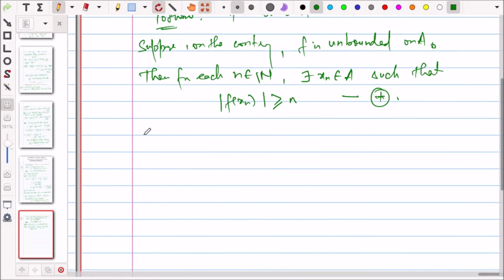So now, f of x_n is greater than or equal to n.